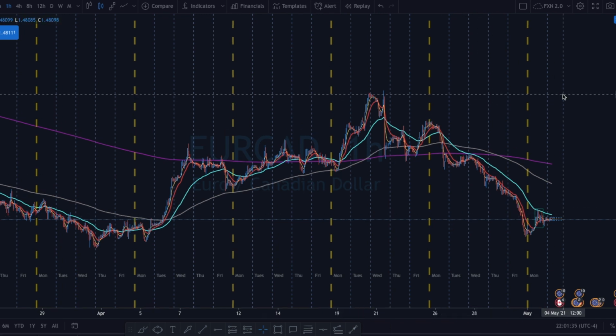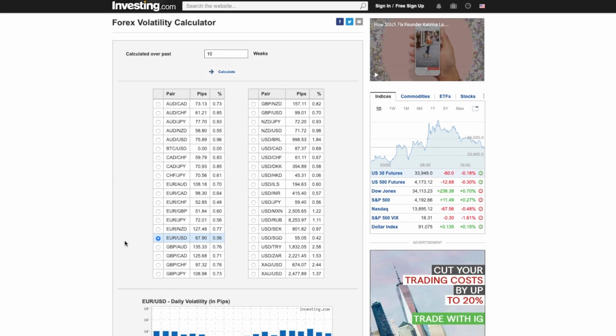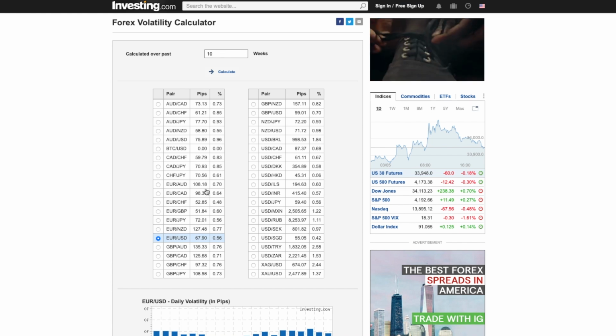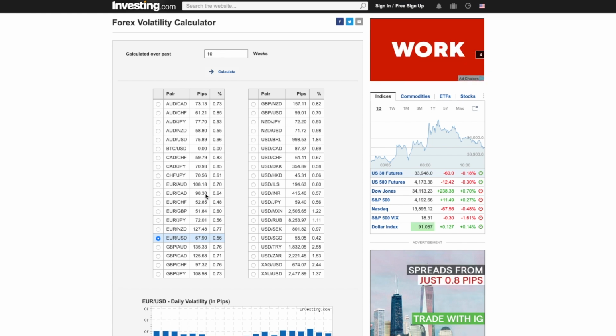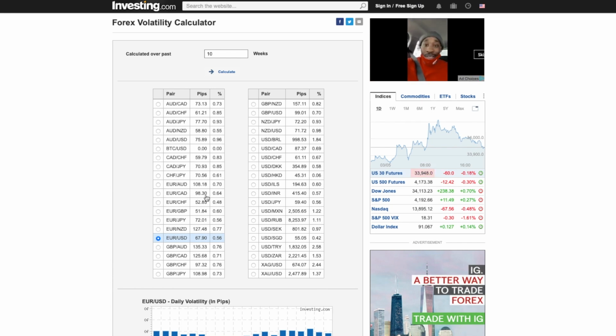The way that I like to do that is you can go to this website here. This is the Forex volatility calculator, and this already tells you precisely what the average pip movement per day is on this particular pair. So in this case, Euro CAD is 98.30 pips. So about 100 pips a day is generally what it moves.